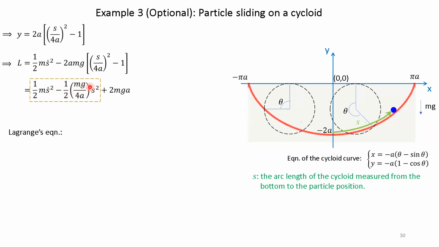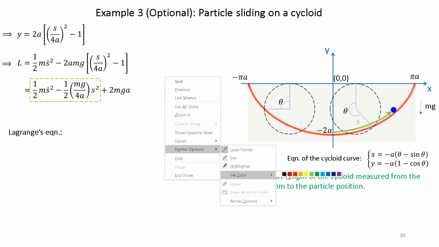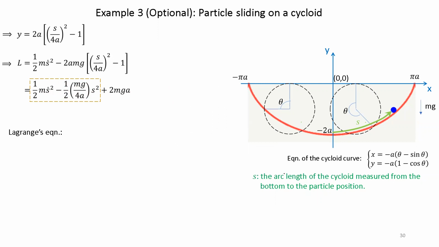See this and compare with a harmonic oscillator. If you have a harmonic oscillator, last time I think I mentioned that, you just have a harmonic oscillator in one dimension, then this would be your Lagrangian.